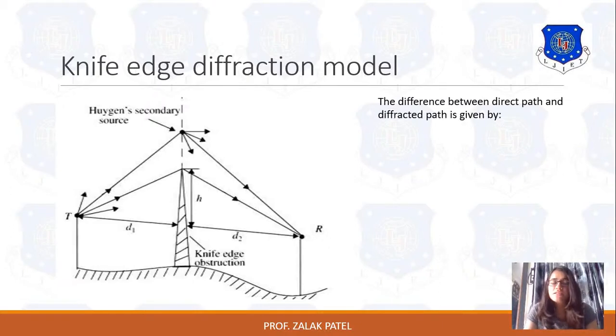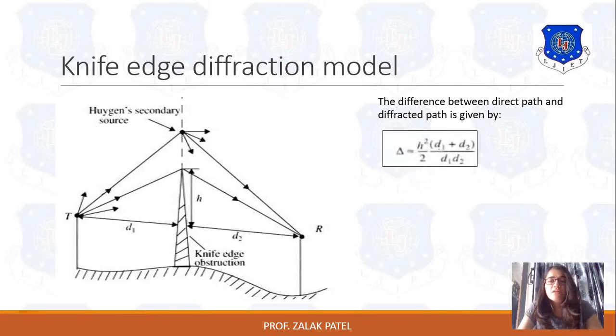In this model, the path difference, again denoted by delta, is given by h square by 2 into d1 plus d2 upon d1 d2. Here d1 is the distance between transmitter and obstacle, d2 the distance between receiver and obstacle, and h the height of obstacle. From this delta you can also calculate the phase difference.